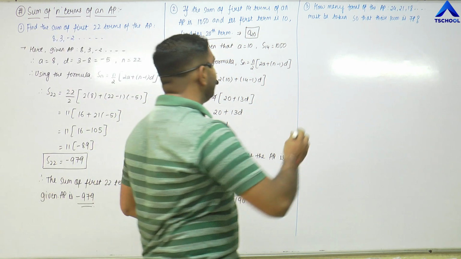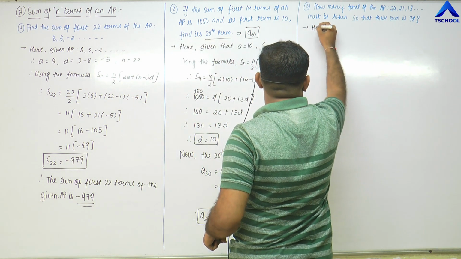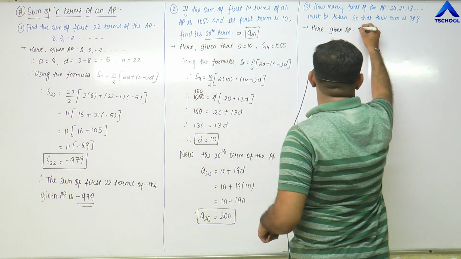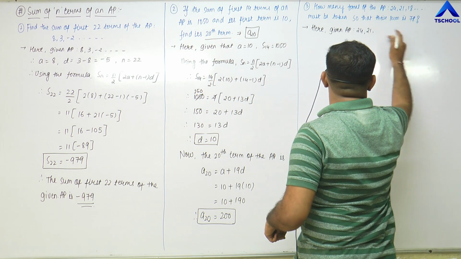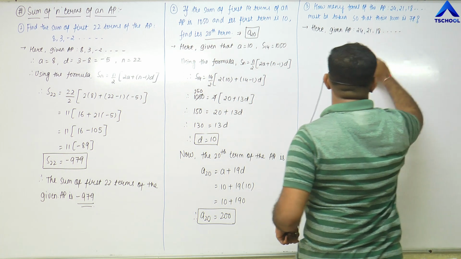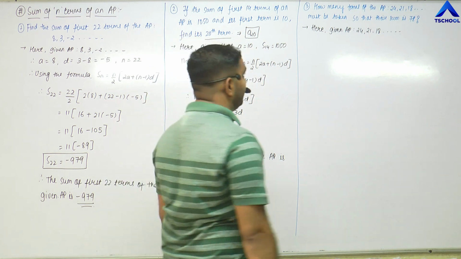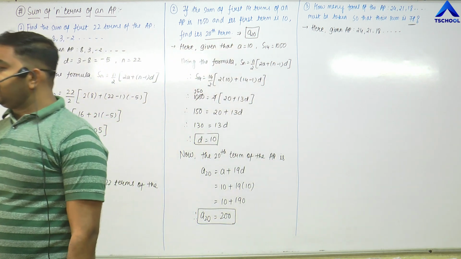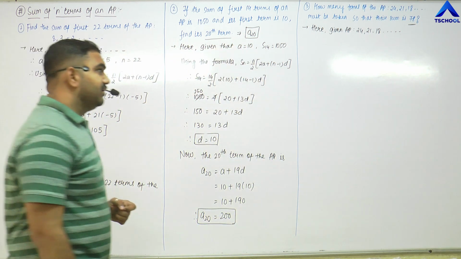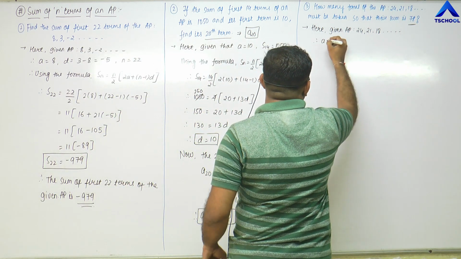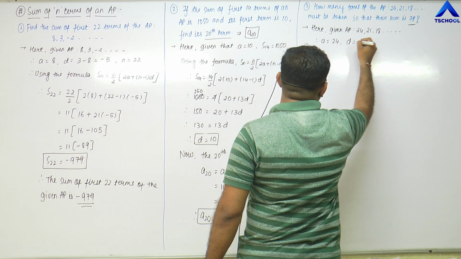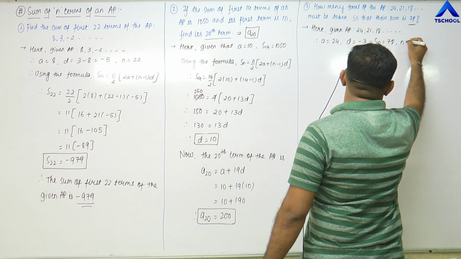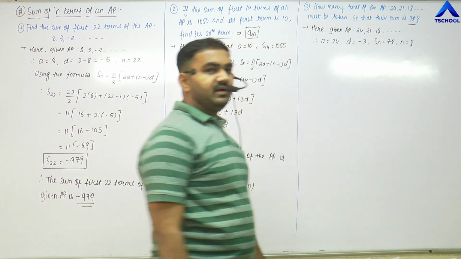That means we are given the AP 24, 21, 18 and so on, and we are also given that their sum is 78. That means Sn equals 78, for which we need to find the value of n. So we get a equals 24, d equals -3, and Sn equals 78.